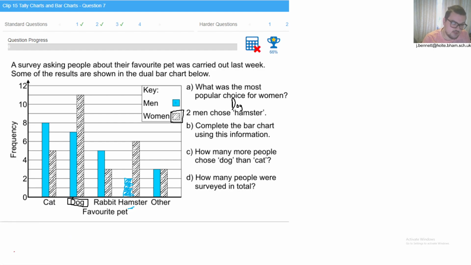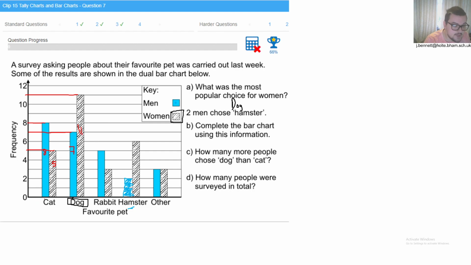Okay, let's go to red now. How many more people chose dog than cat? Right, so let's work out how many is in dog, how many is in cat, and then work out the difference. So, 8 men chose cat, 5 women chose cat. 7 men chose dog, 11 women chose dog.